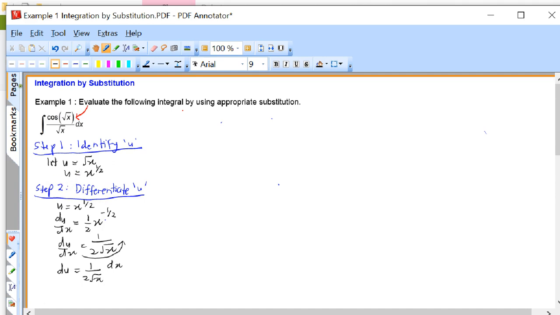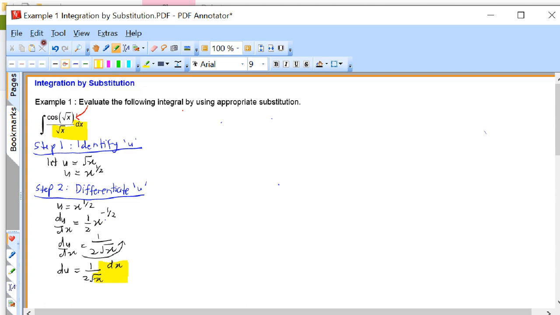Then looking back at the given question, you're going to modify the du here so that it suits the original question. It means that the dx over square root of x, you're going to keep the dx over square root of x for the du. So we have this dx and also square root of x here to suit the original function.